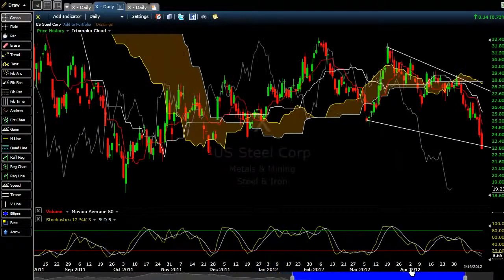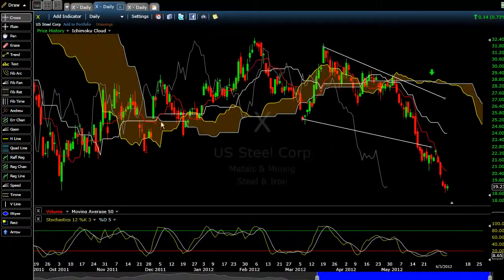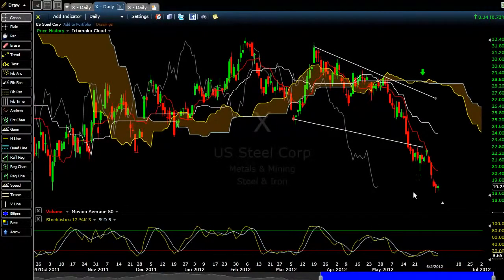And we're starting to see how we got sideways action, and then of course Kumo most recently rejected price, and we have traded down as well. So again, where we had a TK cross here, and we had Chiku below price, and everything broke down below Kumo recently. Okay, so that's an example of the bearish chart.